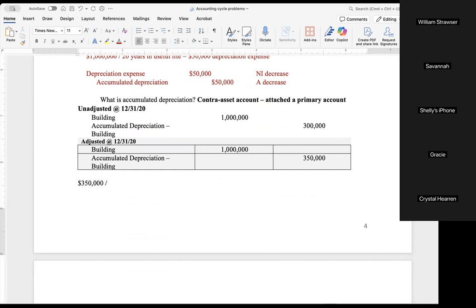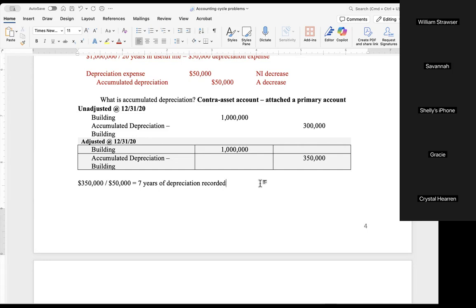If I'm doing it at 50,000 a year, then I have done this for 7 years, which gives 350,000. And if I've done this for 7 years, that means I've had this asset for 7 years, including 2020. So I could just count backwards.